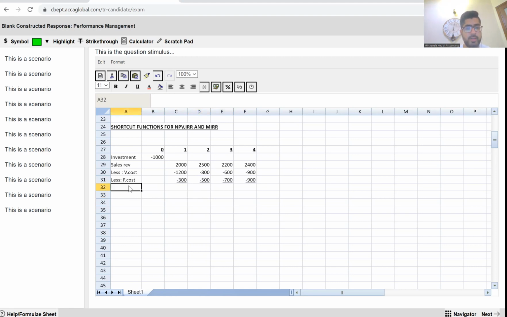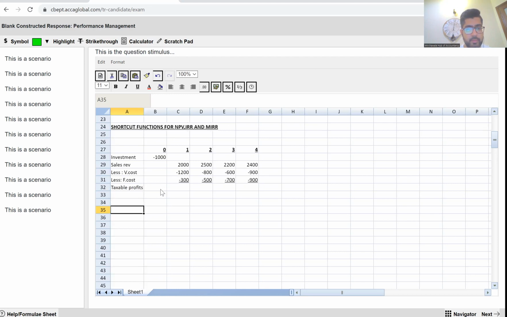You know, once you take revenues and deduct variable cost and fixed cost, so revenue less variable cost less fixed cost gives us taxable profits, right? So taxable profit in year one, please pay attention, is the sum of C29 to C31.